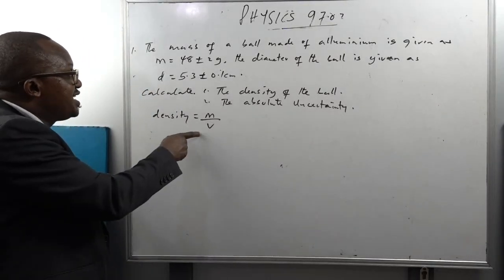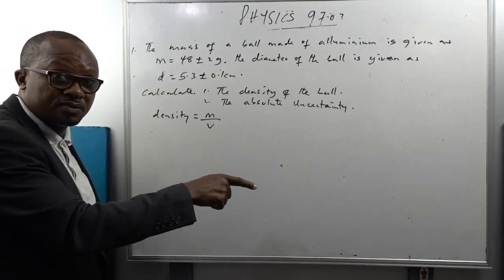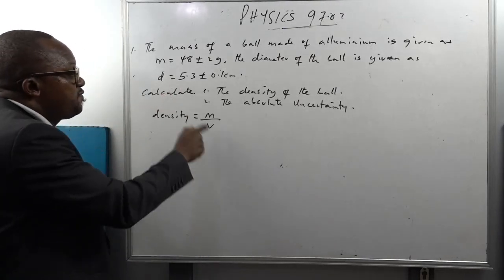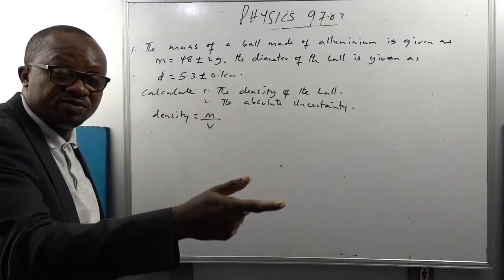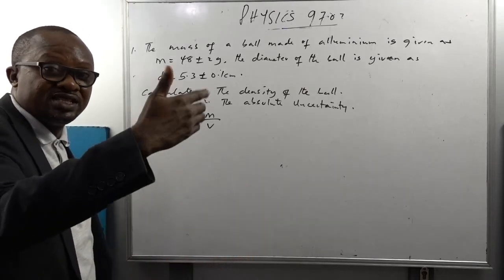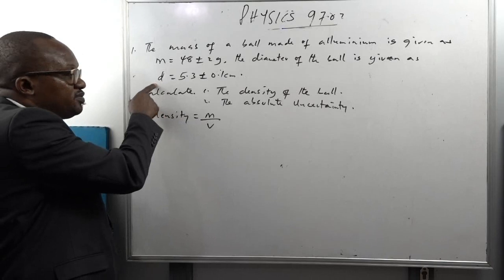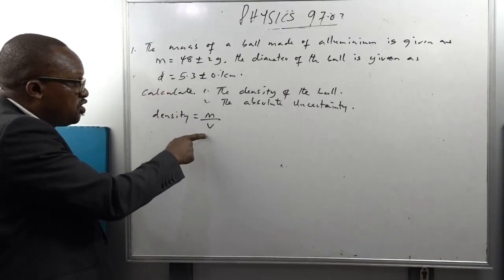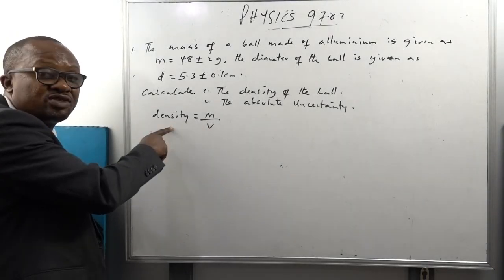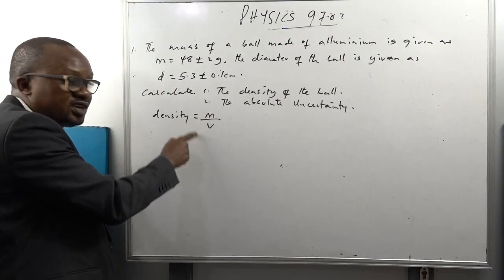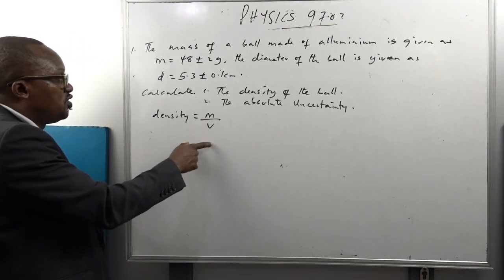So instead of calculating the volume first, because if you calculate the volume first, you will also need to calculate the uncertainty of the volume, it will be easier for you to just express volume in terms of diameter, since volume is calculated from diameter, so that you don't have a calculated reading inside the calculated reading.